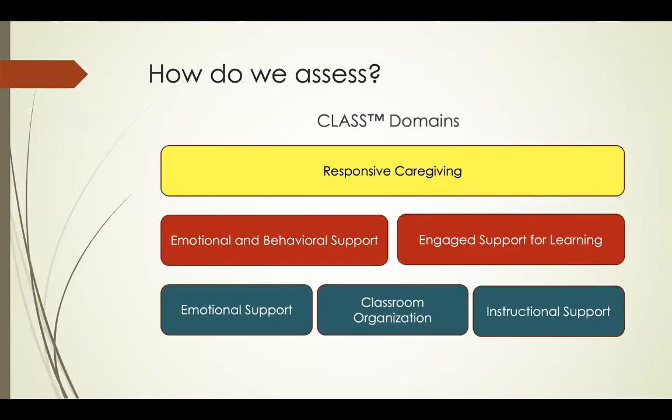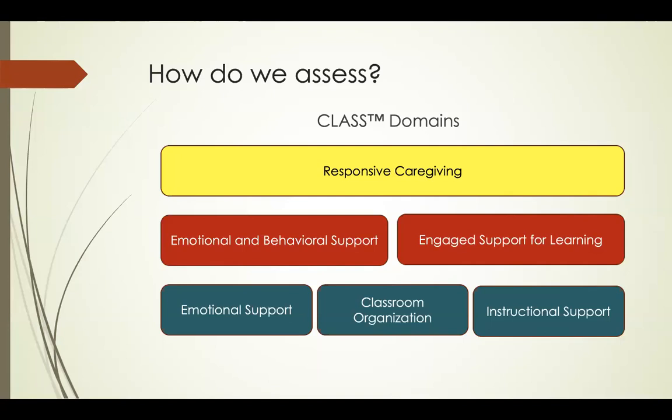So CLASS is organized in different domains. The domains are essentially kind of like your big idea. If we think about the different age groups and what big ideas are the main focus for these age groups, they are broken down into: one age group is responsive caregiving.